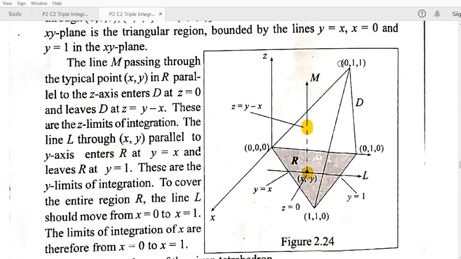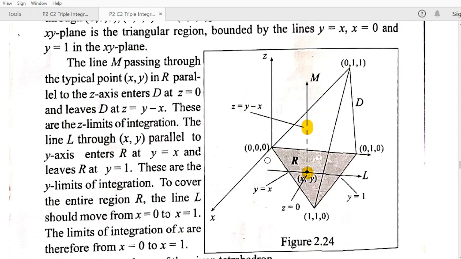So we know that we haven't found any equation for this particular plane. So we can see that this particular plane is the plane containing these 3 points. So we will be using the equation for the plane containing 3 points.